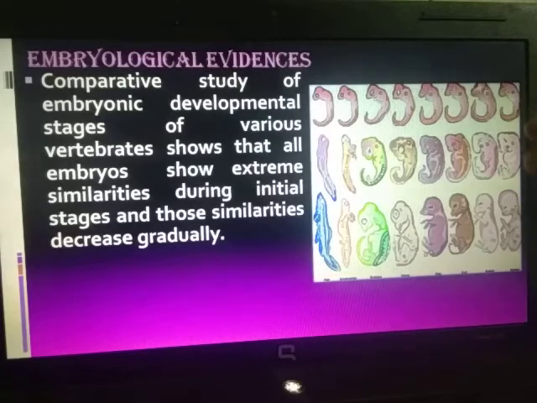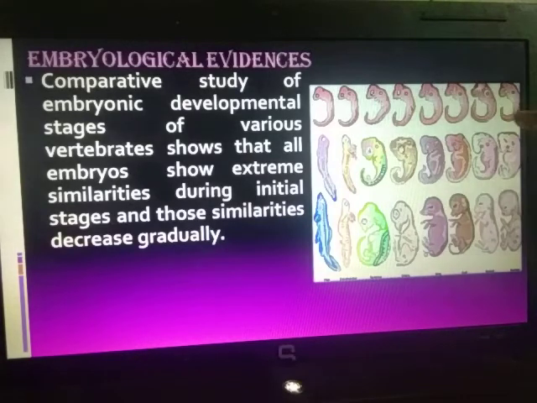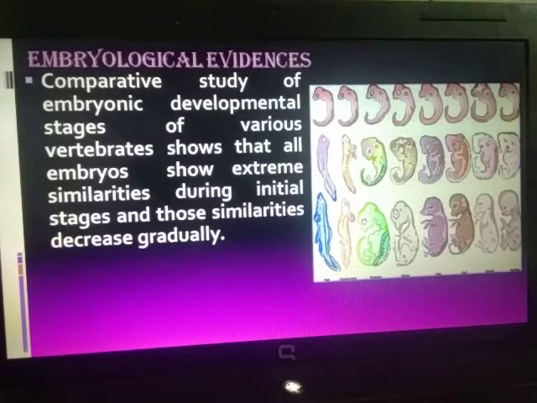Later on they change a little bit. One more thing I wanted to bring to your notice is that at the initial stages of development they have two things: gill slits and the tail. You can see the tail over here. Gill slits are not shown here, but they are present. Even in human beings gill slits are present.